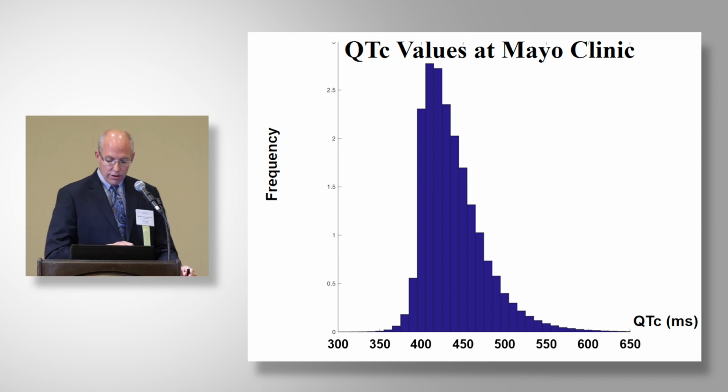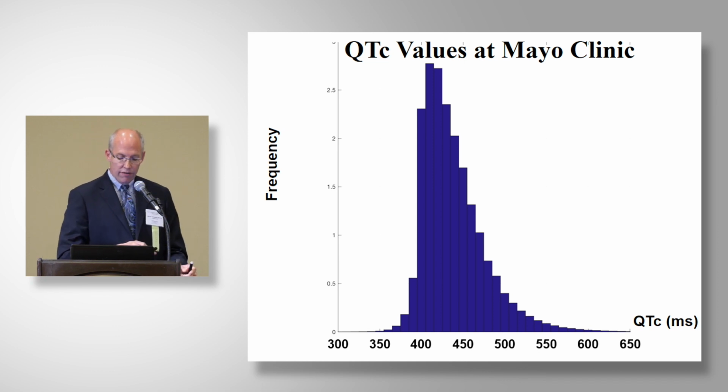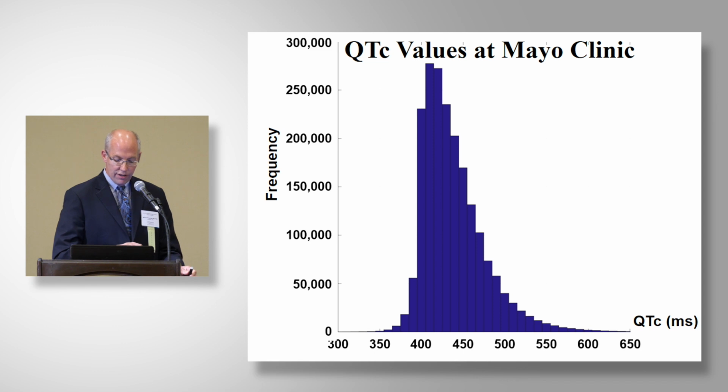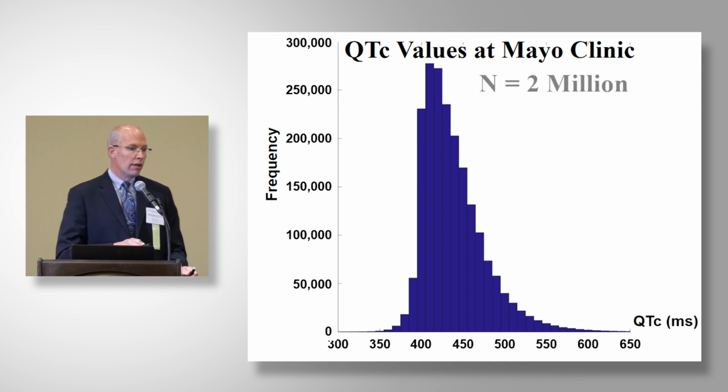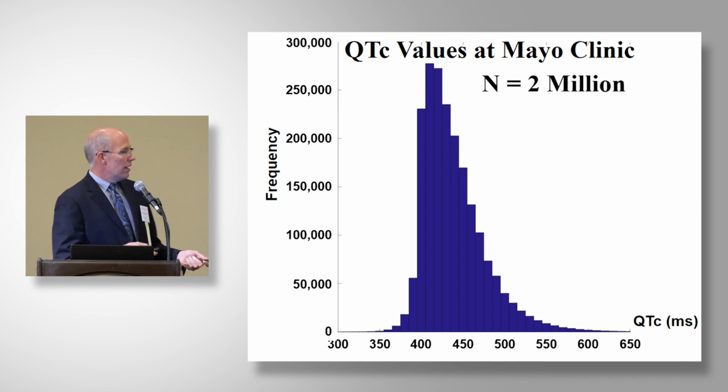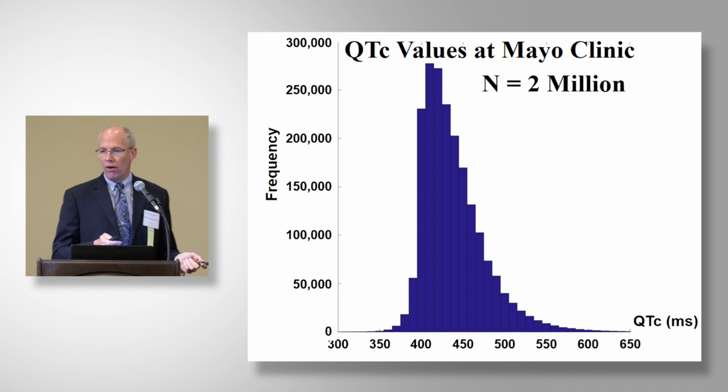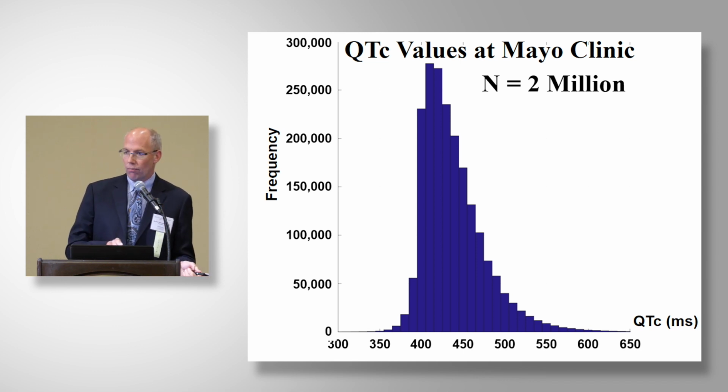And these numbers, you see how many they have? Well, you have to know what the y-axis is. I love this. This is how many ECGs we're talking about. This is the QTc distribution among over 2 million ECGs. Now, if we use 500 here, we don't have 30,000 people at Mayo Clinic with long QT syndrome.